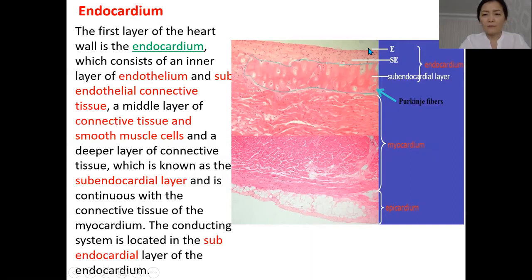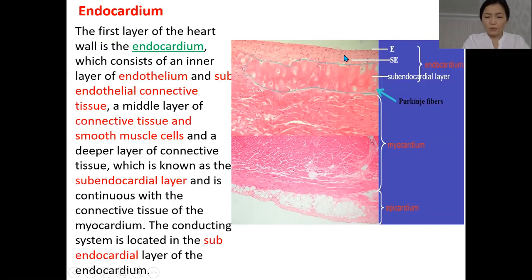Endothelium, remember again, and the subendothelial connective tissue, this part. I hope you remember what endothelium is. Endothelium is a type of simple squamous epithelium. That's why in a slide, endothelium usually looks like a single line, like here.